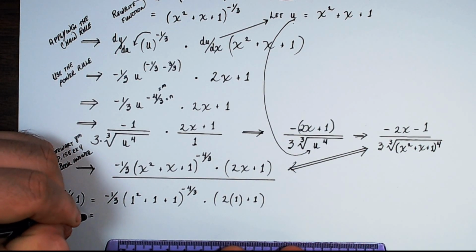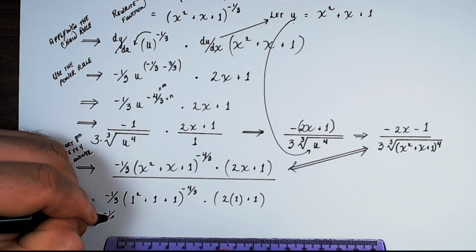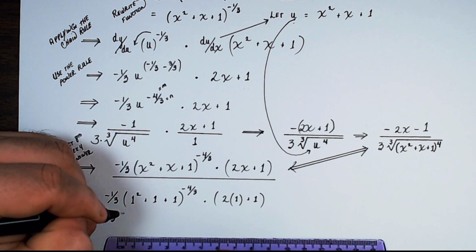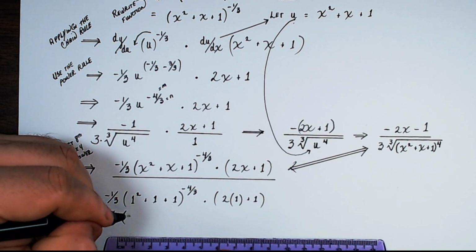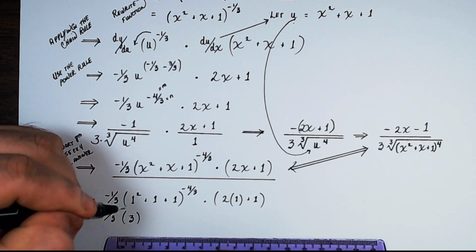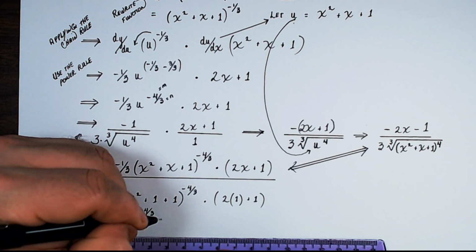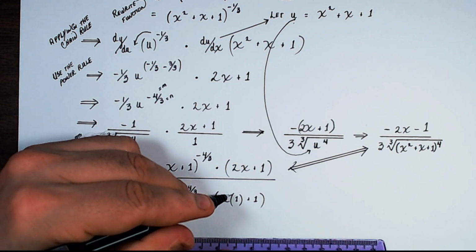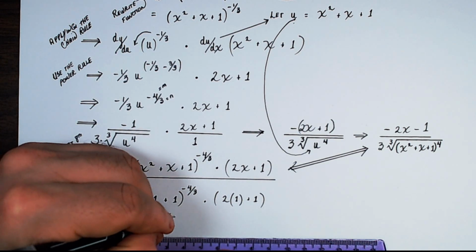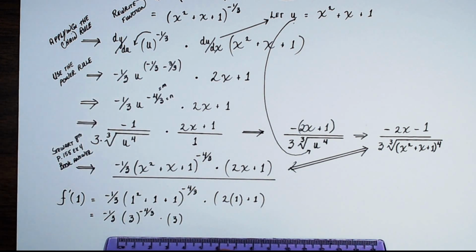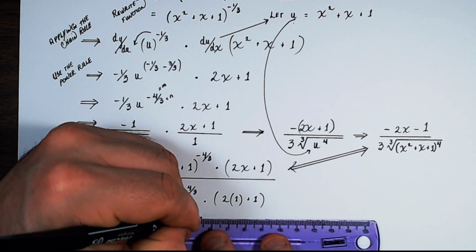We get negative 1/3 multiplied by 1 squared is 1. 1 plus 1 plus 1 gives 3 raised to the negative 4/3 multiplied by 2 times 1 is 2 plus 1 is 3 multiplied by 3. Okay, so let's keep evaluating this.